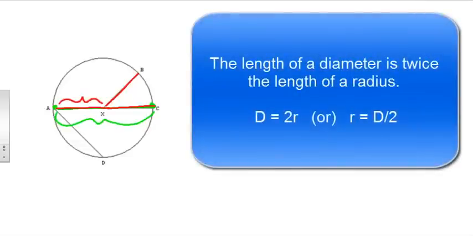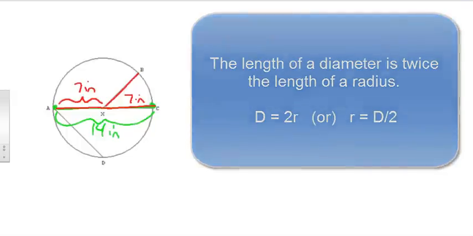So if our radius here was 7 inches long, because AX is 7 inches, then XC would also have to be 7 inches. So the length of our diameter would have to be twice that, or 14 inches. So the length of any diameter would always be equal to 2 times the measure of a radius, or in other words, the measure of a radius would equal half the measure of the diameter.